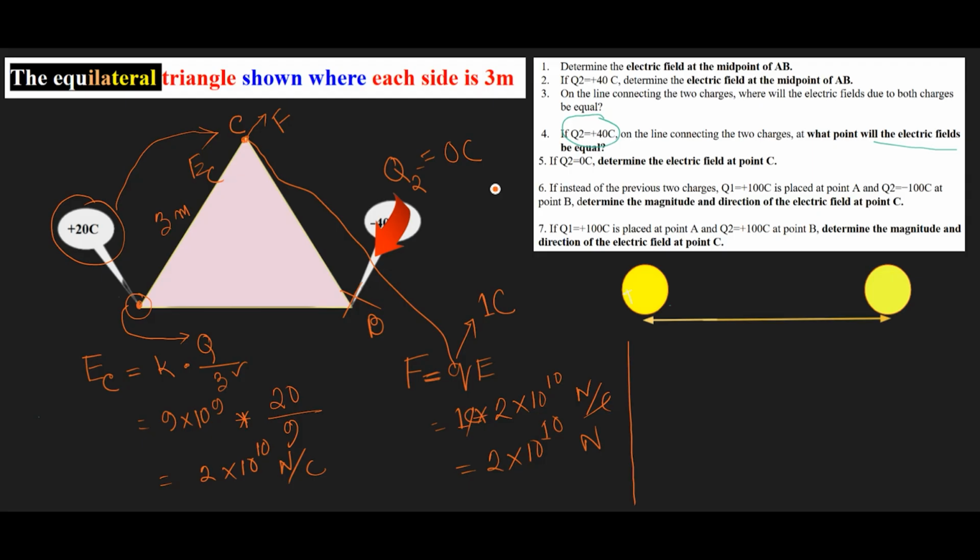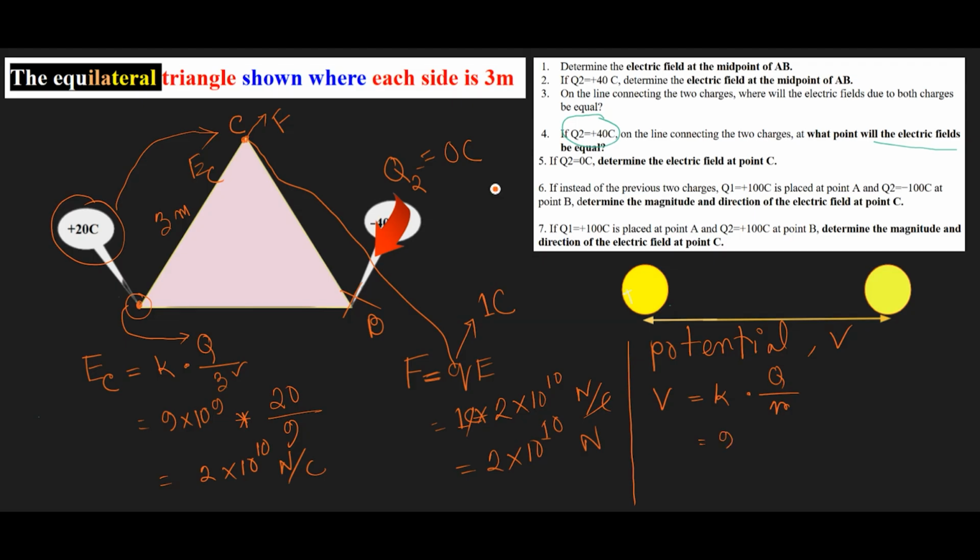And if the question asked what will be the potential at C point, right? In that case, obviously the definition of potential, V equals the constant K, and obviously the distance is r, and here is the charge.